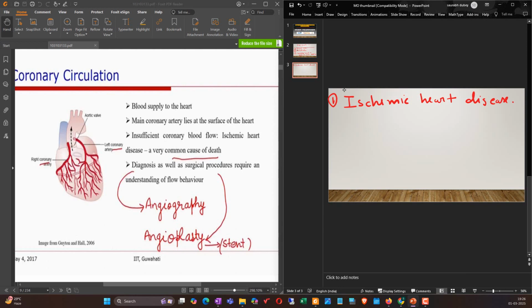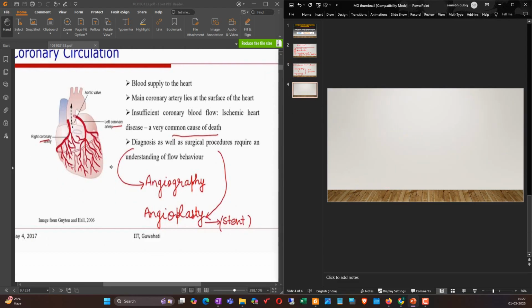So here is the importance of this. If you talk about angiography, or angioplasty, where the stent installation happens, it requires flow behavior. So the knowledge of flow behavior is important in this regard, right?